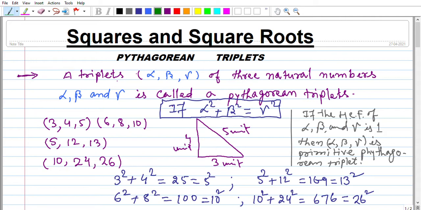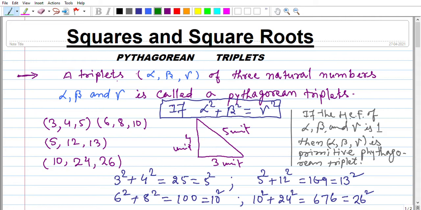So here alpha is the base, beta is the perpendicular and gamma is the hypotenuse. The triplets are arranged in such a way.